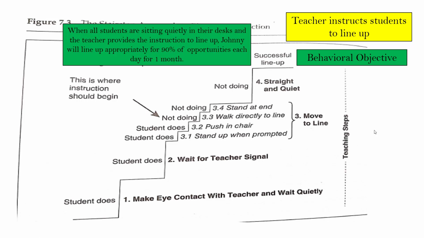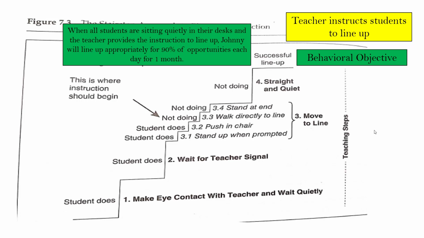When all students are sitting quietly at their desks and the teacher provides instruction to line up, Johnny will line up appropriately for 90% of opportunities each day for 1 month. So that's our end goal. That's what we want him to do. We want him to have a successful lineup, and this objective shows that he can actually successfully line up.